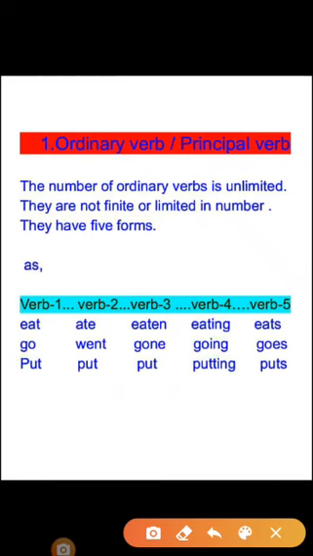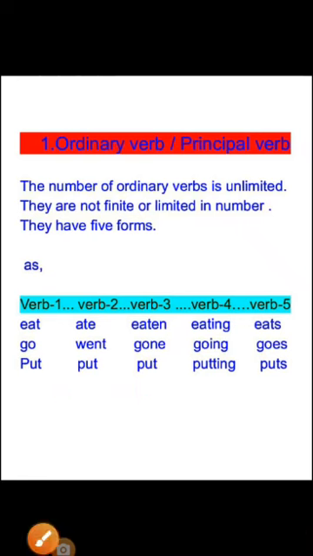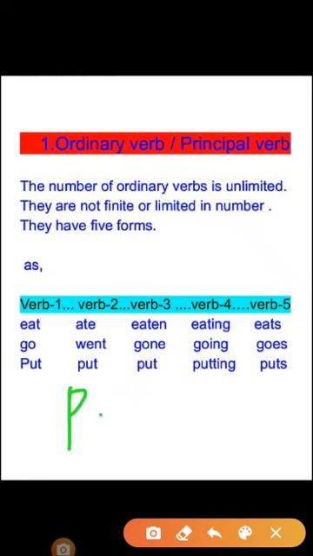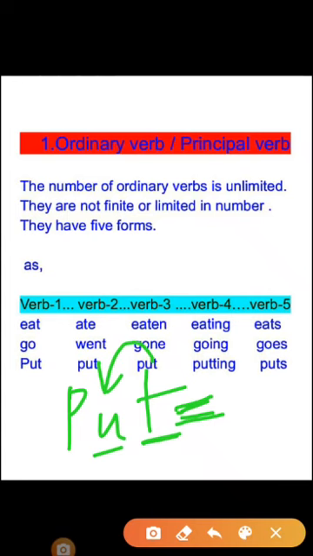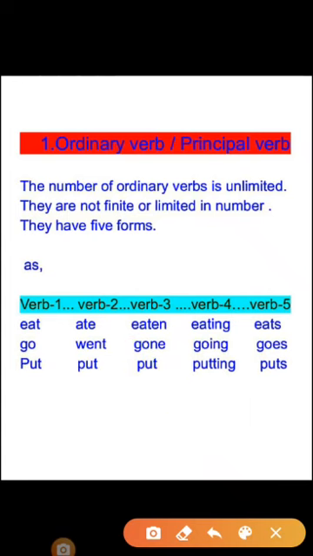Because if you find a verb like put, P U T, where the last letter of the verb is a consonant and before that is a vowel, then you have to double the last letter.